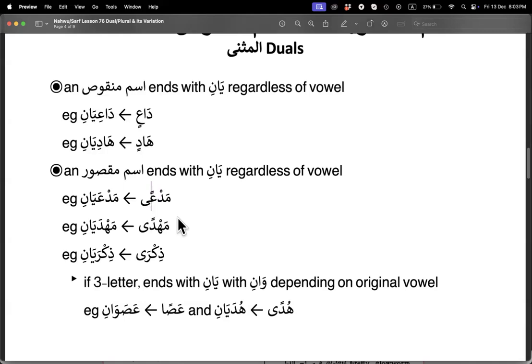What are the root letters? Dal, ain, waw here. And this will be hadalia.